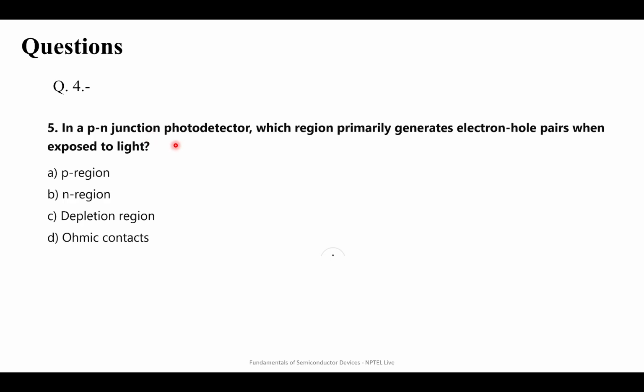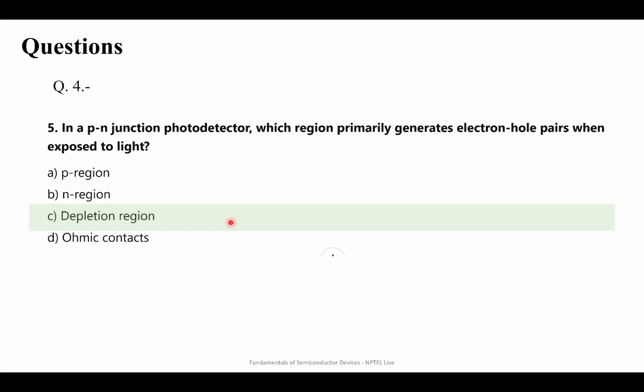In a PN junction photodetector, which region primarily generates electron hole pairs when exposed to light? P region, N region, depletion region, ohmic region. So the answer to this would be depletion region.